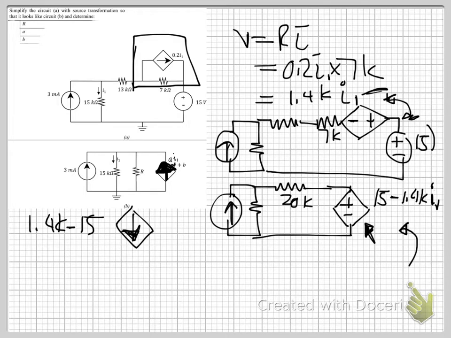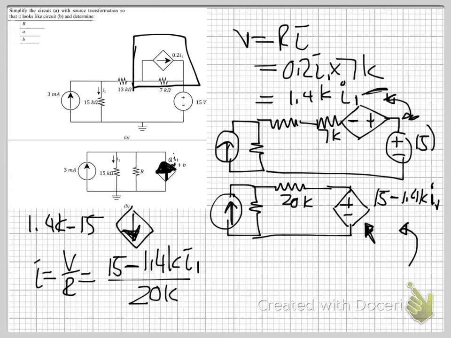Then after that, you are going to be source transforming this back into a current source. Your I is V over R, which is 15 minus 1.4K I1 divided by 20K, and this is something you can literally punch into your calculator.